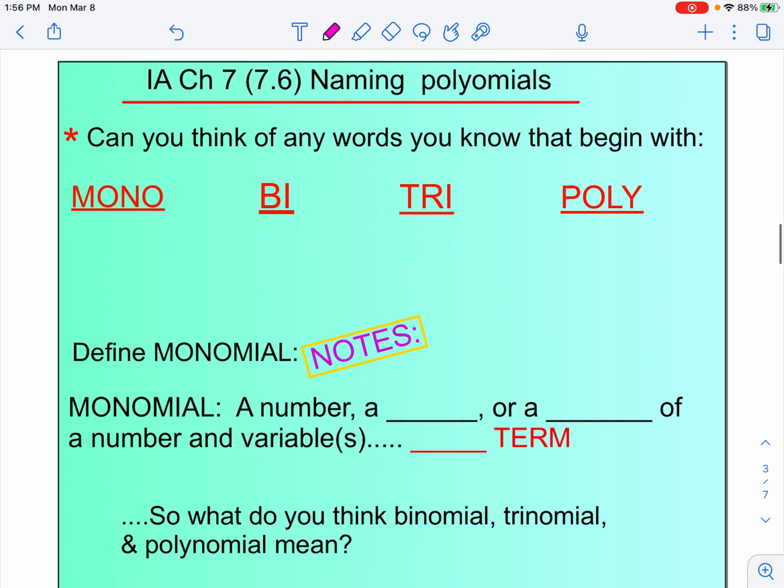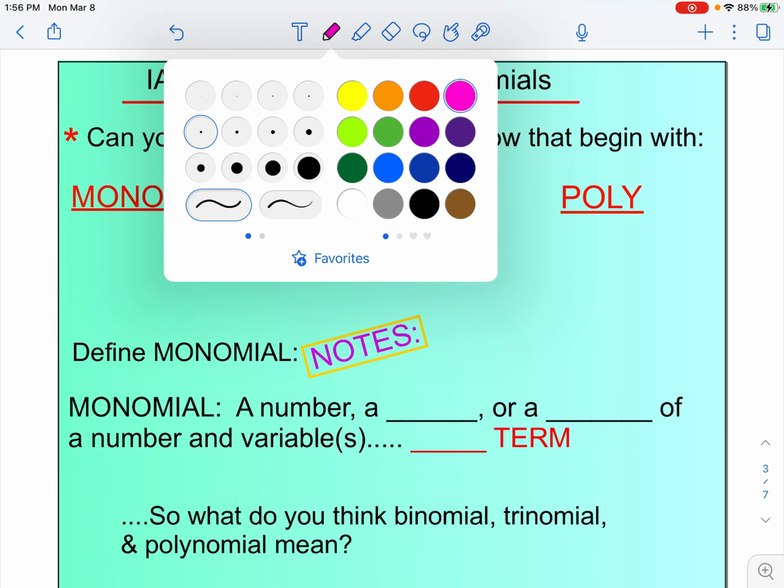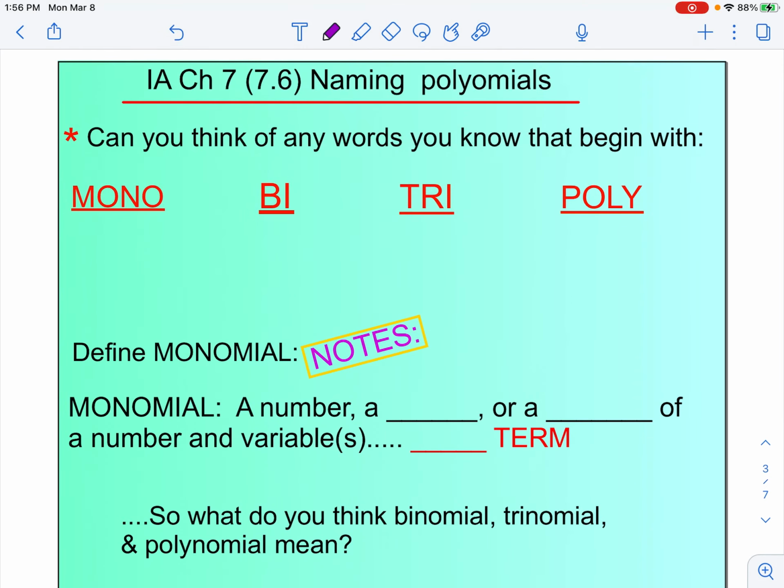Okay, so if you think of some words that start with these prefixes, you could write some down, like, for example, bicycle and tricycle, or triangle. If you think about words that start with bi and tri, you might think of 2 wheels, 3 wheels, 3 sides in a triangle.